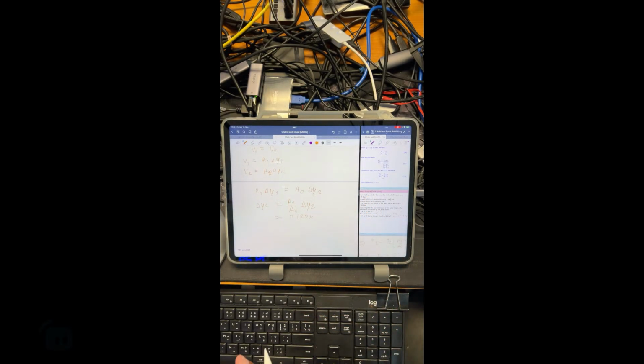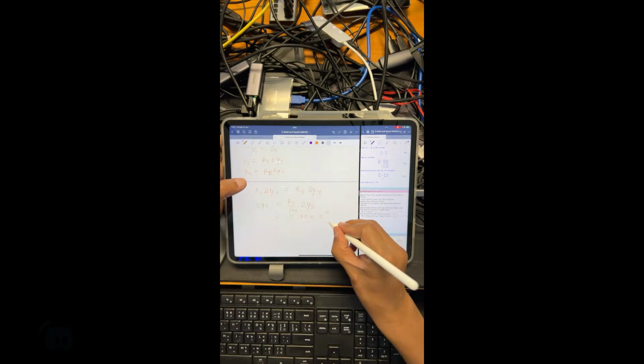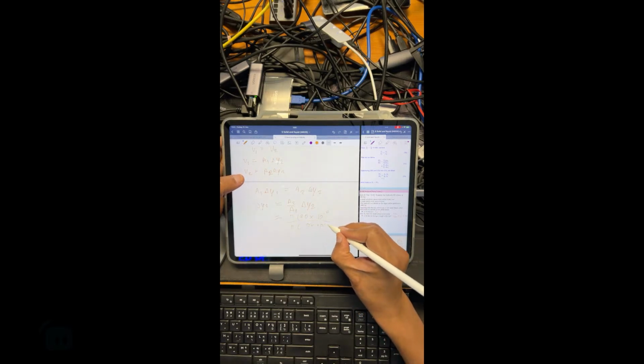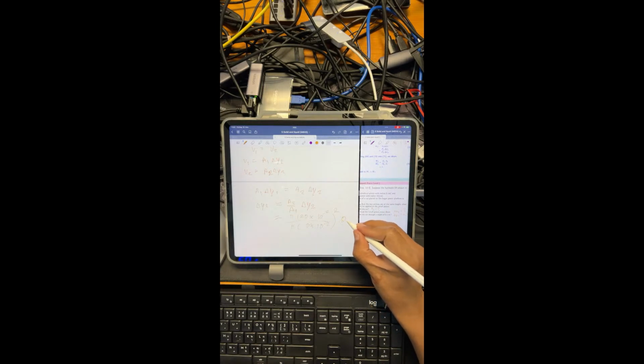over pi times 5 centimeter squared. So delta Y1 will be like that: A2 is pi times 20 times 10 to the negative 2, and A1 is pi times 5 times 10 to the negative 2, squared. Delta Y2 is the height of the lifted car, which is 0.1 meter.